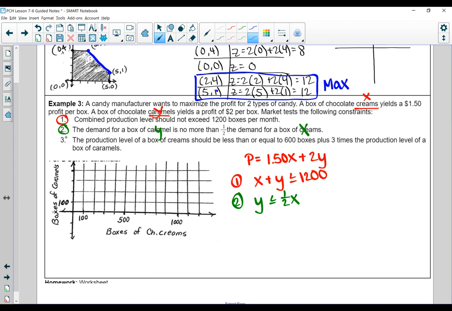Okay, now we go on to the third constraint. The production level of a box of creams, and remember creams is X, should be less than or equal to 600 boxes plus 3 times the production level of a box of caramels, which is Y. So my third constraint is that X should be less than or equal to 600 plus 3Y.